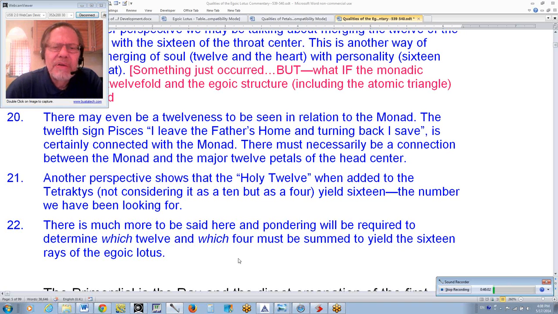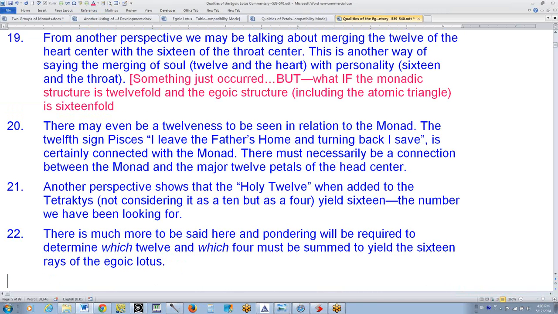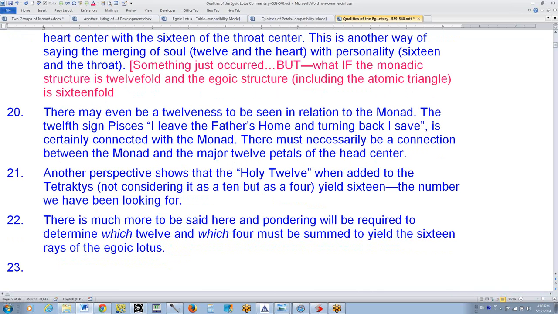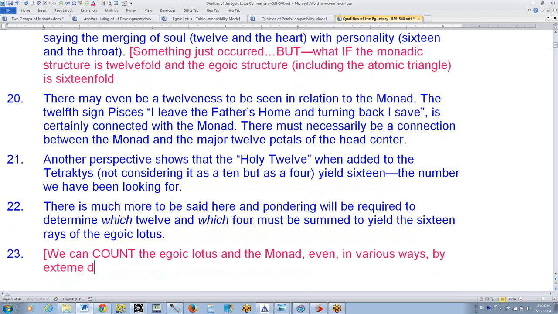So what I've been trying to show here from this simple footnote is that we can count the egoic lotus and the monad even in various ways by extreme differentiation and also by combining various structures.